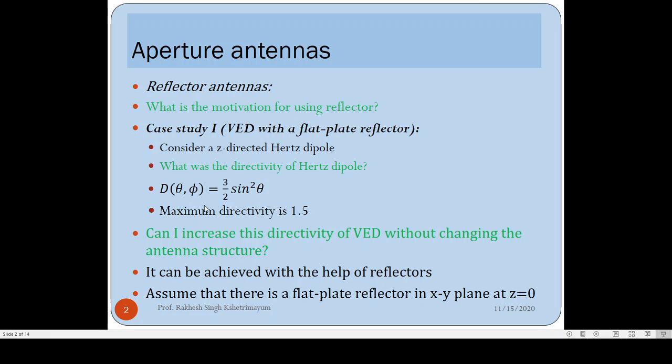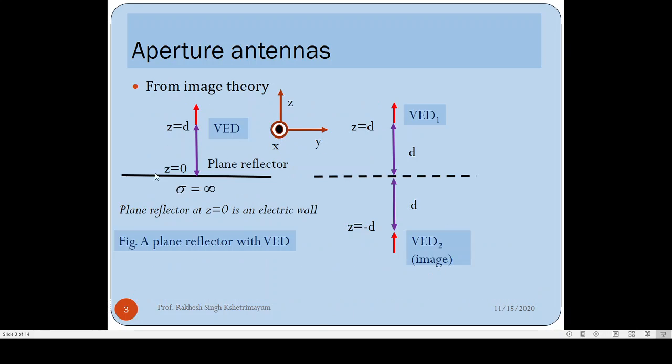So the first assumption is that we have a flat plate reflector. A completely flat reflector is made of metal, and assume that there is a flat plate reflector in the xy plane at z equal to 0. So this is the structure we have at z equal to 0. We have a plane reflector in the xy plane, and at z equal to d we have a vertical electric dipole, directed along the z axis, placed above a plane reflector.